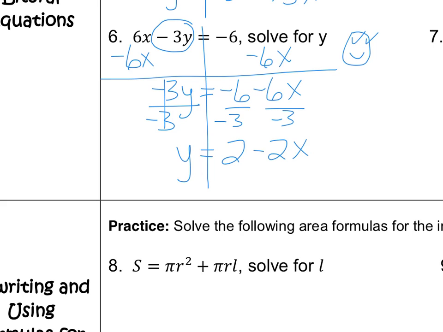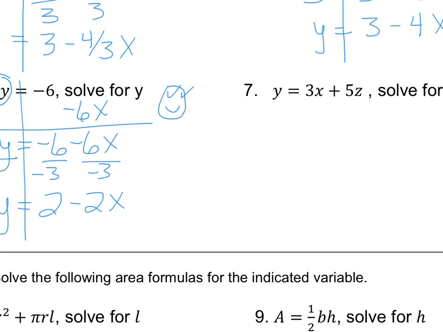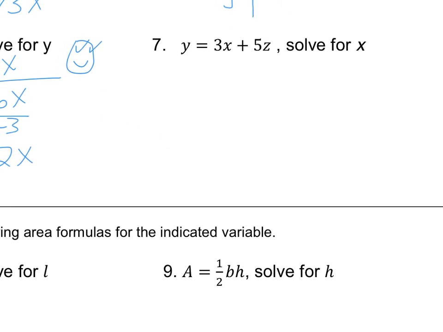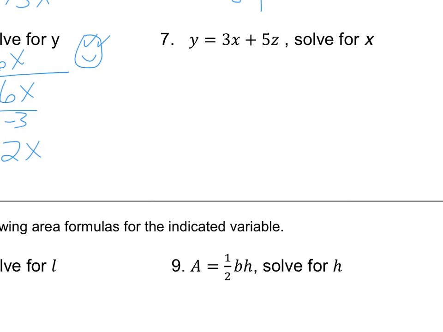Okay, so now let's look at number 7. On number 7, we're not solving for y. It's already solved for y. This one wants us to solve it for x. The first thing I'm going to do is just totally flip this around. So what that means is I have a positive y on this side, and I have this guy on this side.